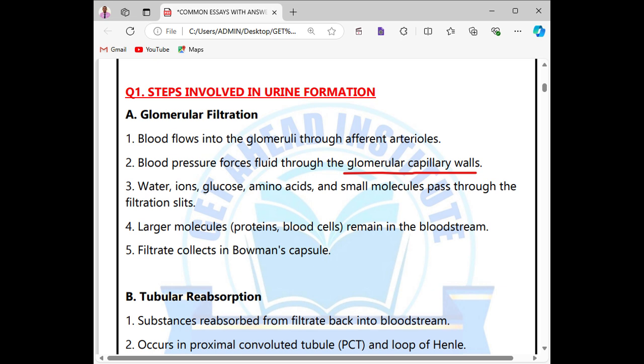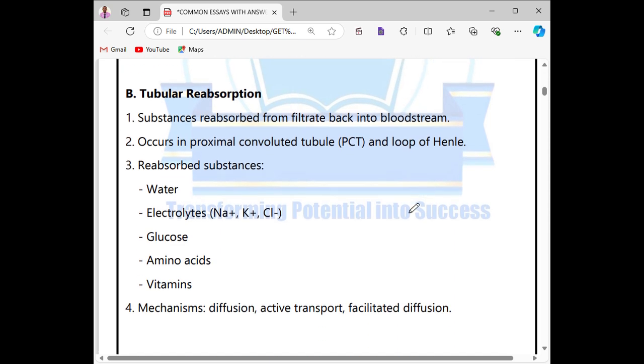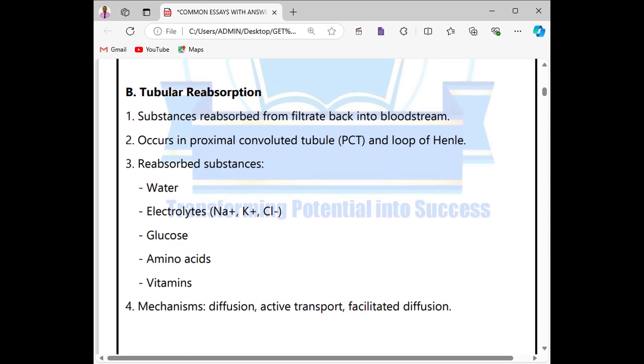All right. So the second step has to do with tubular reabsorption. Under tubular reabsorption, since we had filtration earlier, some other important components might have been filtered, so there is supposed to be reabsorption.